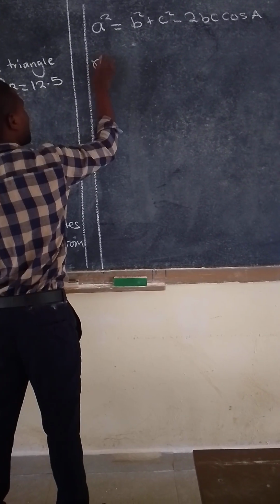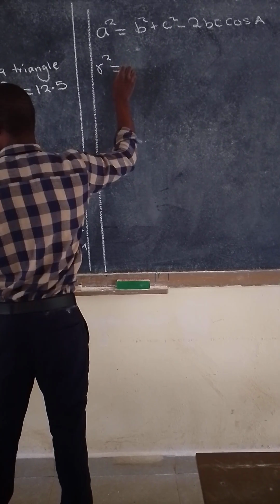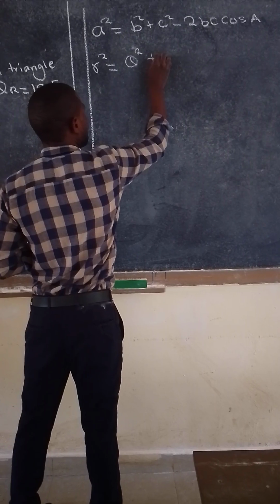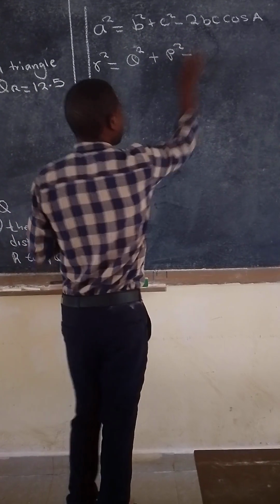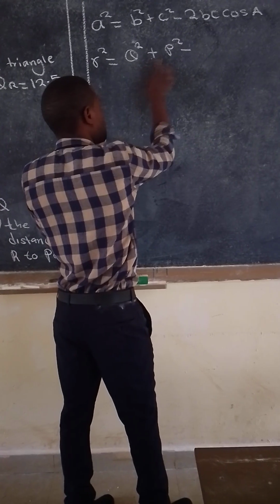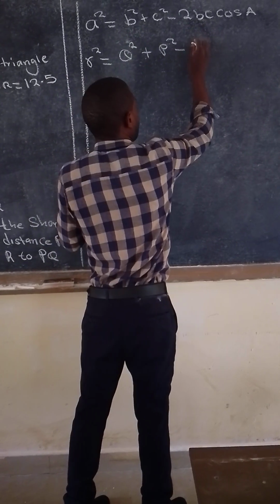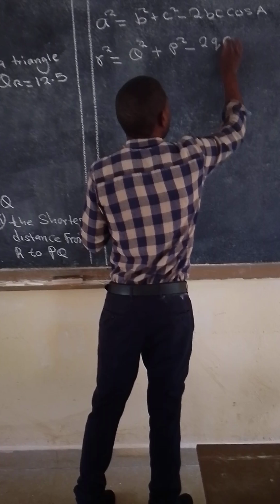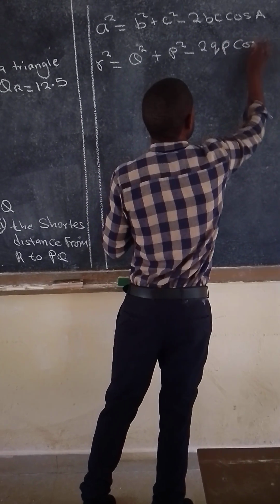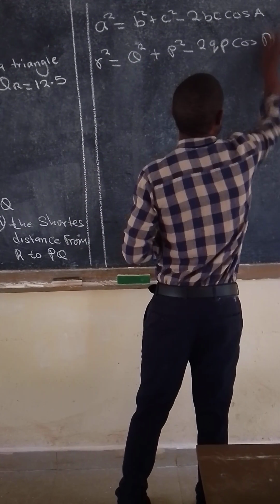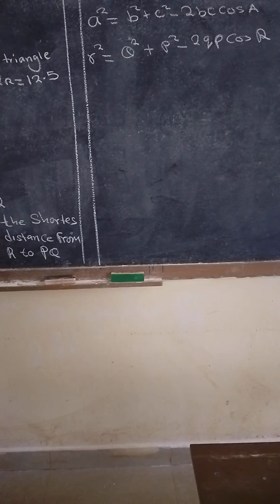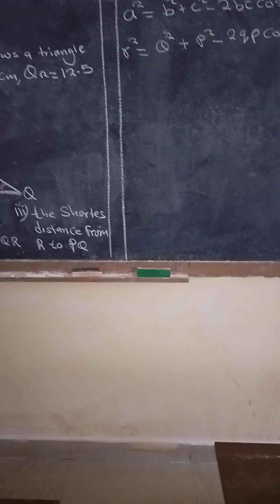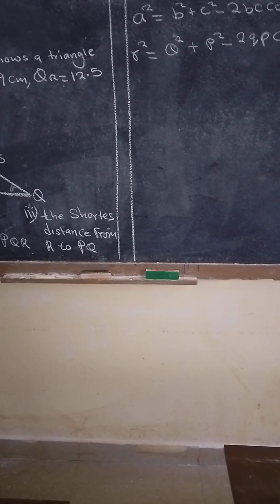So r squared is equal to the given sides: q squared plus p squared, minus 2 times q times p times cos R. The side we are looking for is r, so from there we do the substitution. The length of PQ, which is r, we don't know.